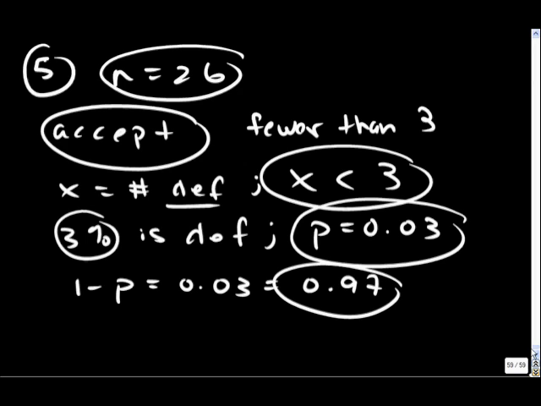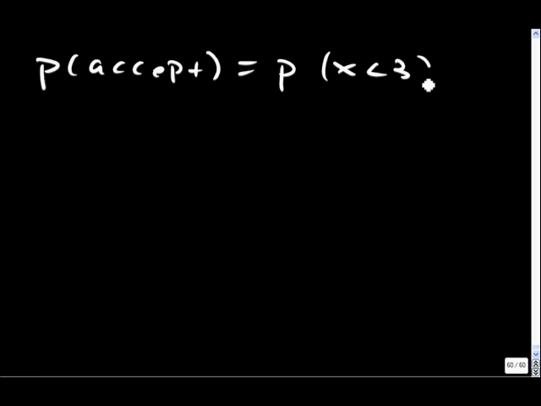We're going to use our binomial formula. The probability of accepting the batch is the same as the probability of finding that fewer than 3 components will be defective, all using the binomial formula.